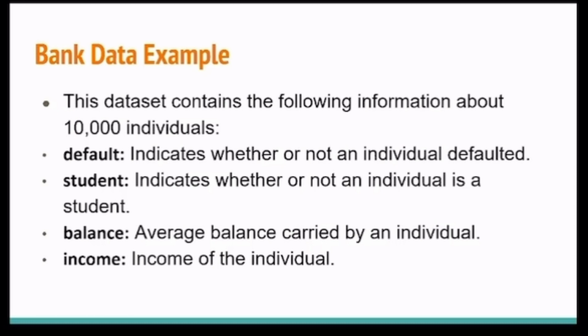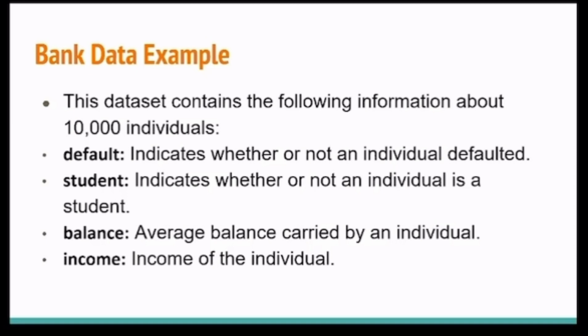And balance is the average balance carried by an individual. And income is the income of the individual, because when you approach a bank to open an account, they are going to collect this information from you.